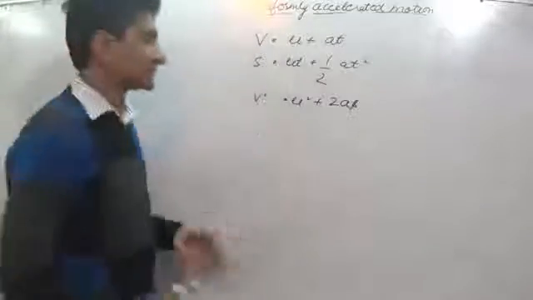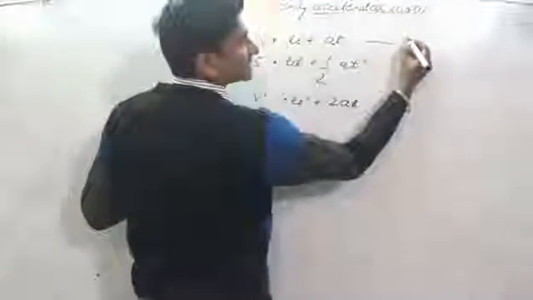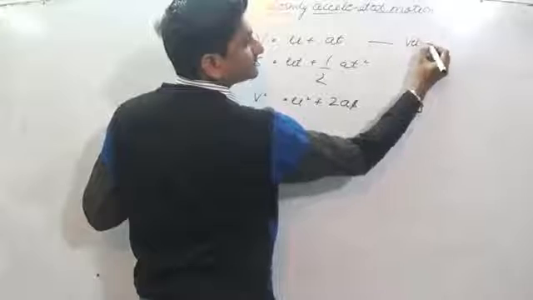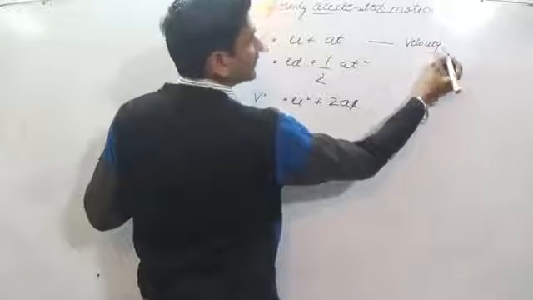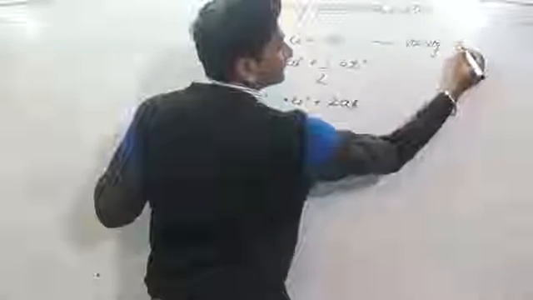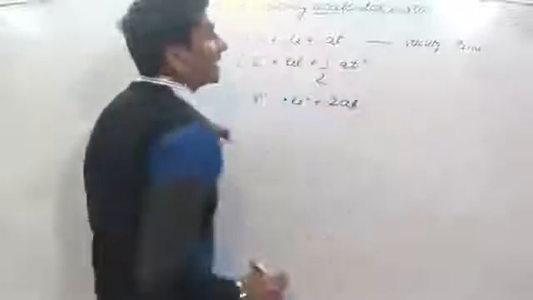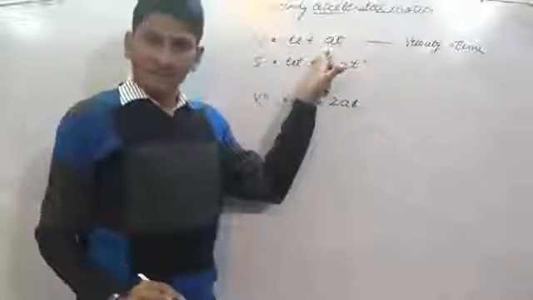What are these three equations? The first equation is the velocity-time relation when A is constant.